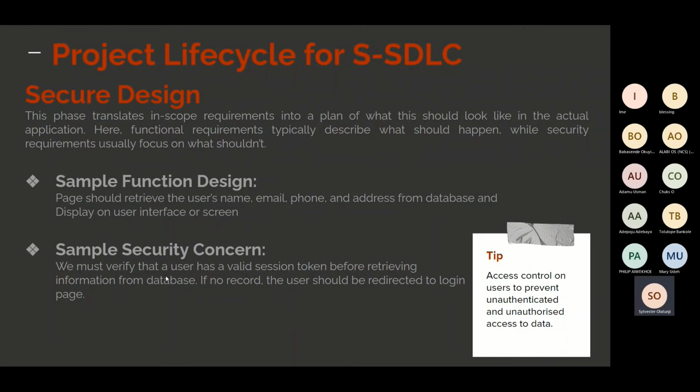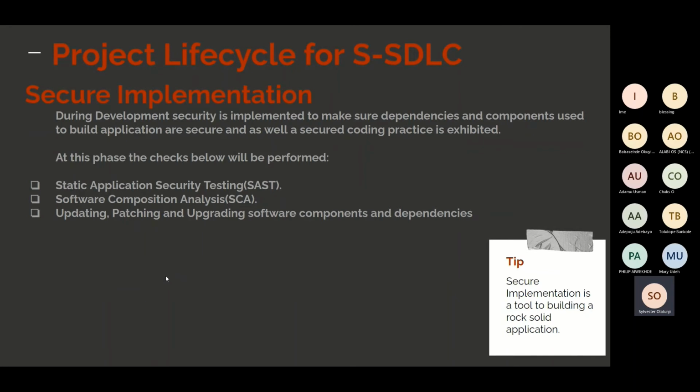So if you have a sample function like, a page should retrieve the username, email, phone, and address from the database and display it on the user interface or screen, then a sample security concern will be, we must verify that a user has a valid session token, or that they prove who they say they are, or their identity, before they get that information, so that there shouldn't be a cross feature whereby another user would retrieve information that is not theirs.